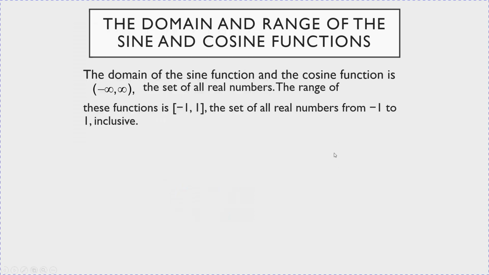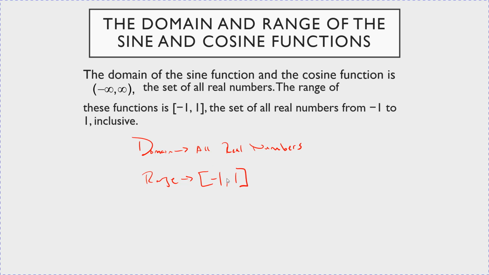So the range here will always be between -1 and 1. So for sine and cosine, the domain is all real numbers, but the range, this is important, will always be between -1 and 1.